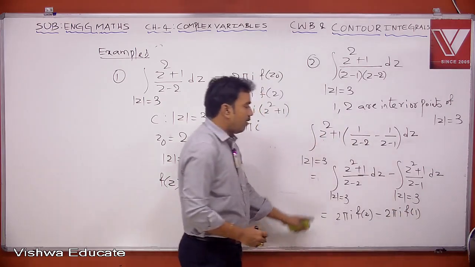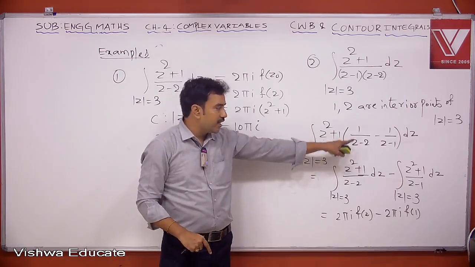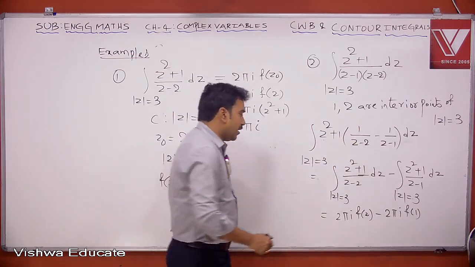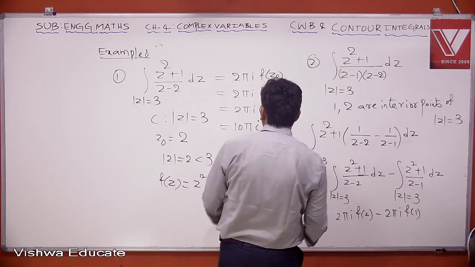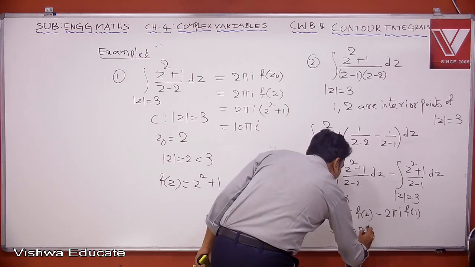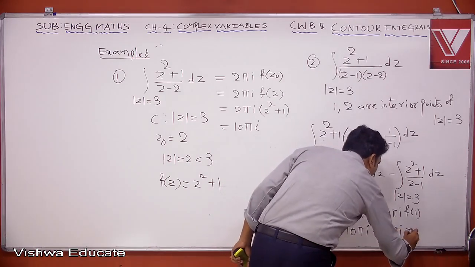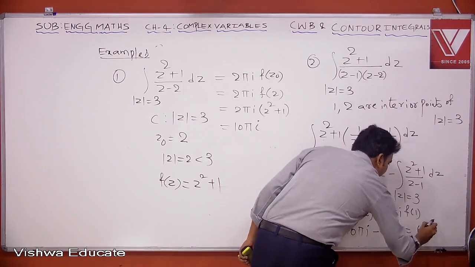That means we have applied Cauchy's integral formula twice. Once in the case of 2, second time in the case of 1. Now here already f of 2 is 5. So therefore this is 10 pi I minus, f of 1 is 2, so this is 4 pi I. So the final result is 6 pi I.